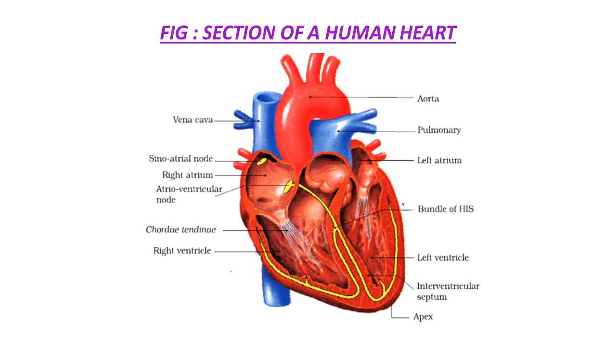So by studying this figure, a section of a human heart, it's now clear in our mind what the different arrangement and internal structure of the human heart is, and how the circulation pathway is carried out in the human heart.